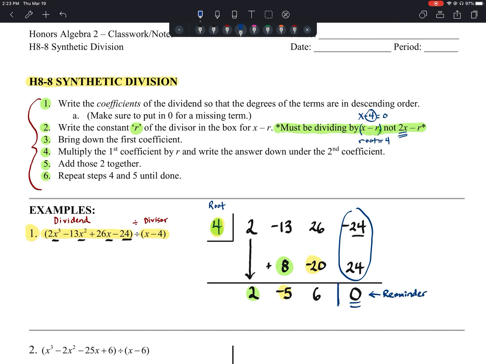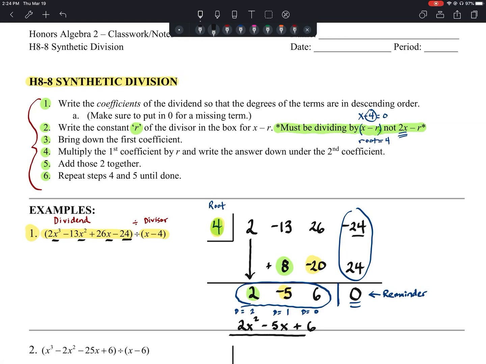And then we look at the coefficients of our quotient. They will always go in order by degree. So this is a degree of 2, a degree of 1, and then a degree of 0, which means this is 2x squared, then minus 5 times x to the first power, and then plus 6.